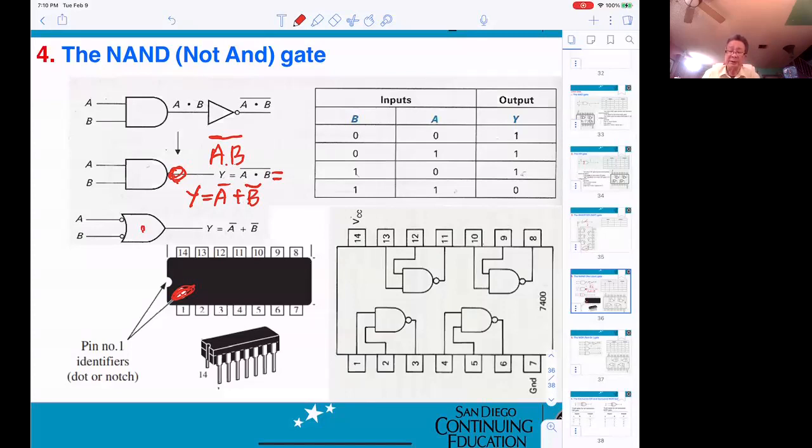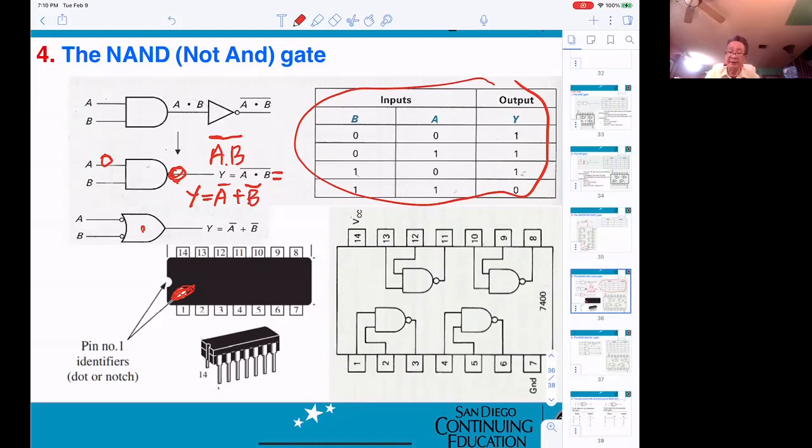This here is the truth table. You can see 0, 0, you get 1; 0, 1, you get 1. However, it tells me that if any input equals 0, then the output must be 1.